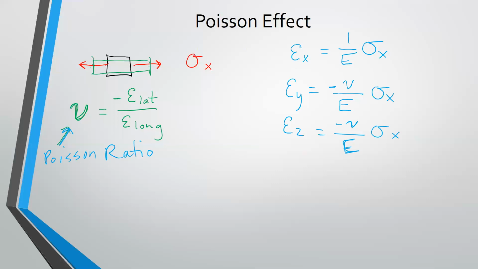So what if now I literally turn your world, not upside down, but 90 degrees rotated, and I say that instead of this being a sigma x, this was a sigma y.